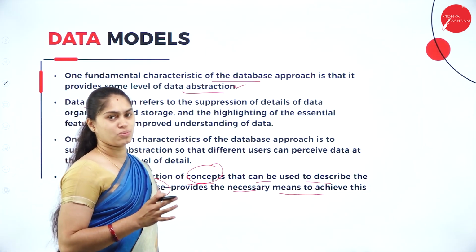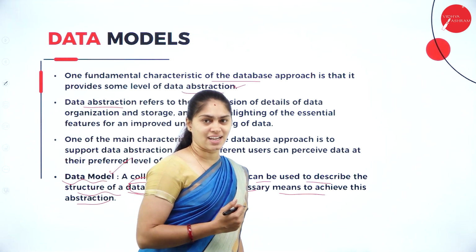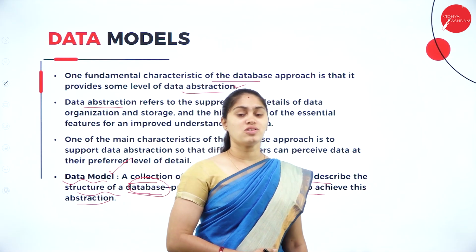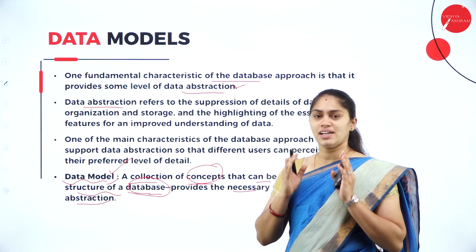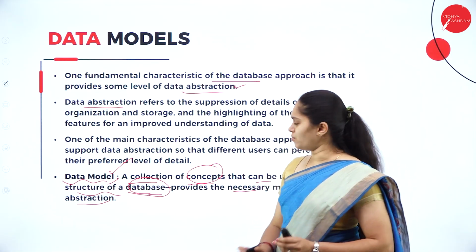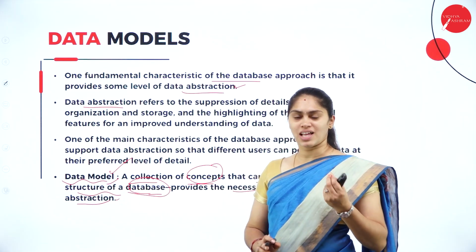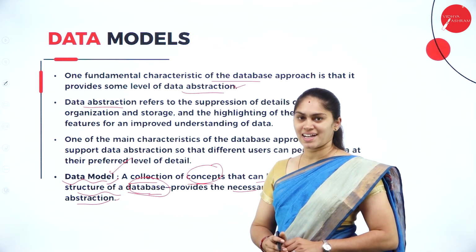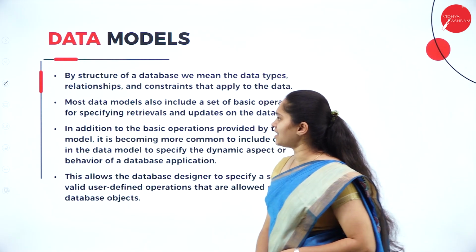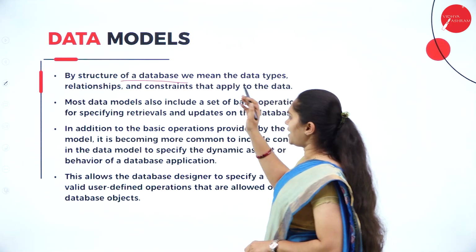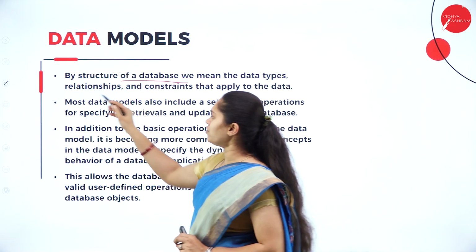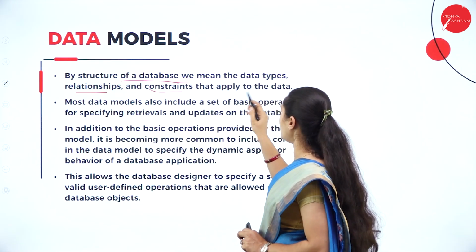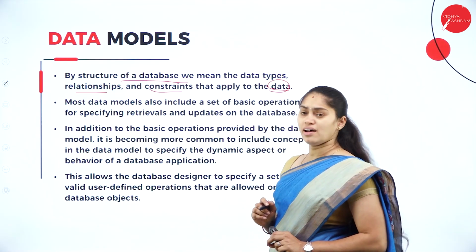How the database should be, what are the constraints, what is its data type. Everything we are going to specify in this structure of a database. And it has to follow or include the abstraction. For that reason, we have this data model. Then here you can see that the structure of a database comprises relationship and constraint, which we are going to apply to the data.